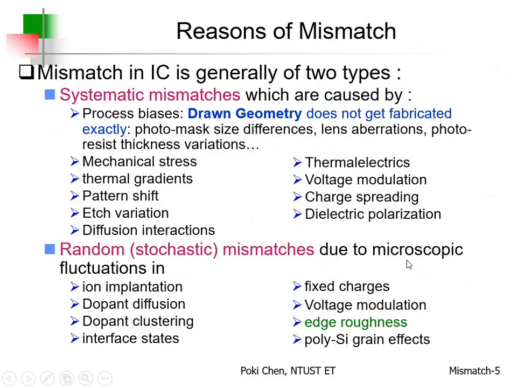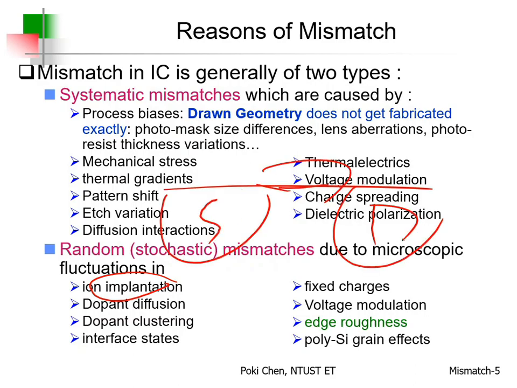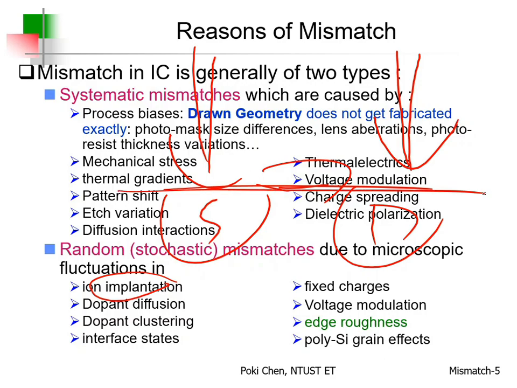Random mismatch is caused by many of the mechanisms. For example, the ion implantation. Oh, to dope, this is the gate, and then you have source and drain, right? Many of ions are implanted into the surface of the chip, right? How many ions you will get?